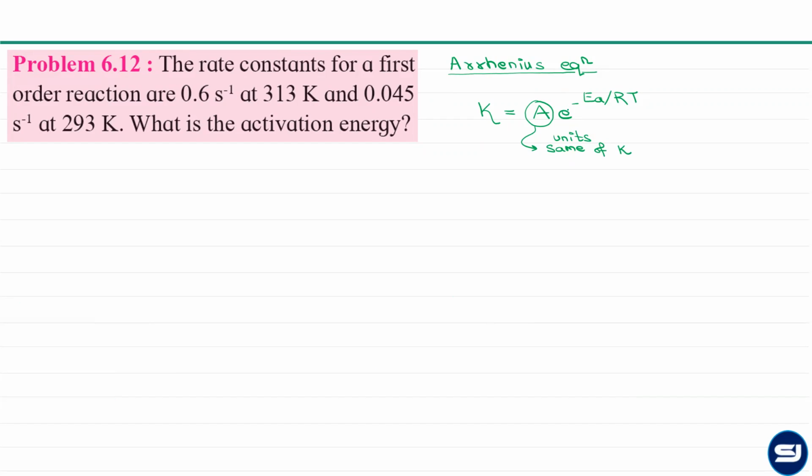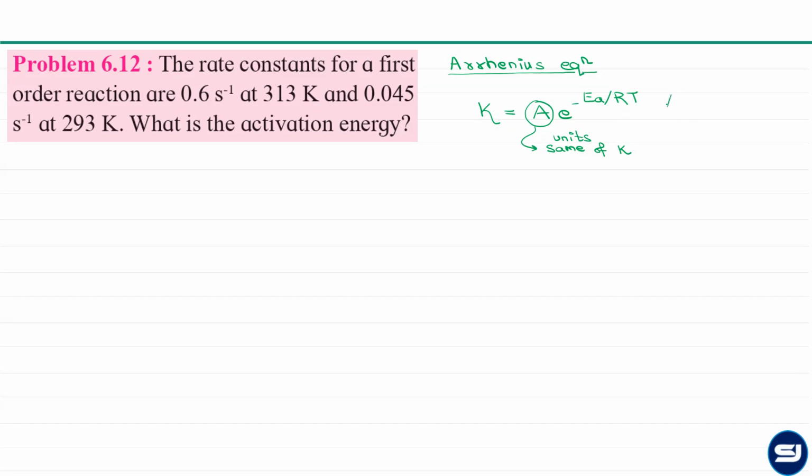Moving ahead. In e raised to minus EA by RT, EA is the activation energy, R is the gas constant and T is the temperature in Kelvin. Now, what was the importance of the Arrhenius equation? It gives you the relation between the rate constant and the activation energy and also the temperature.